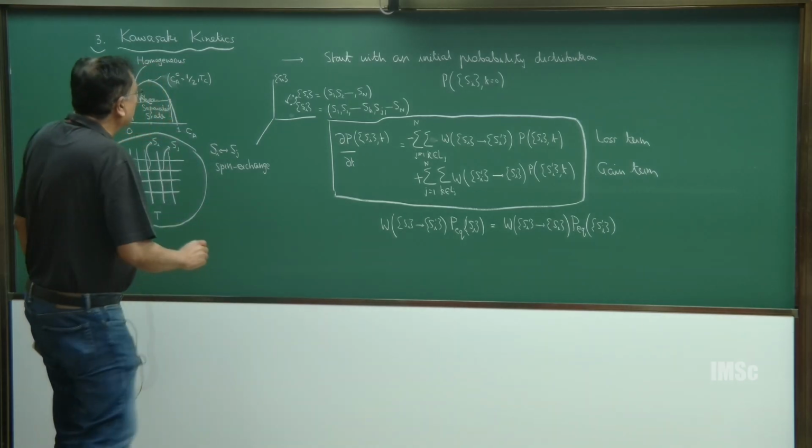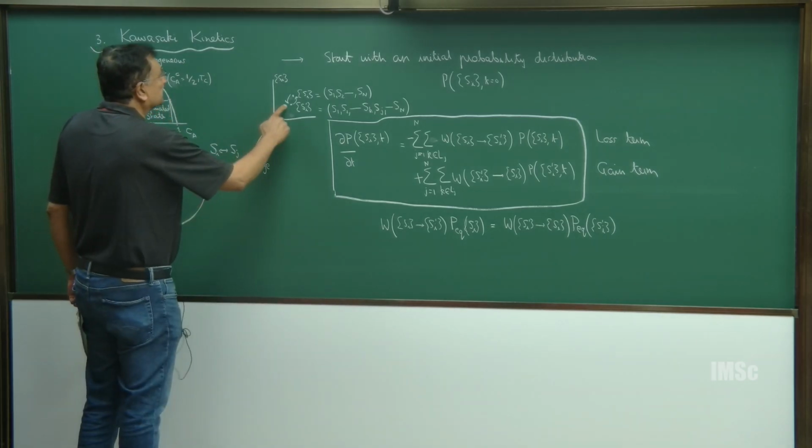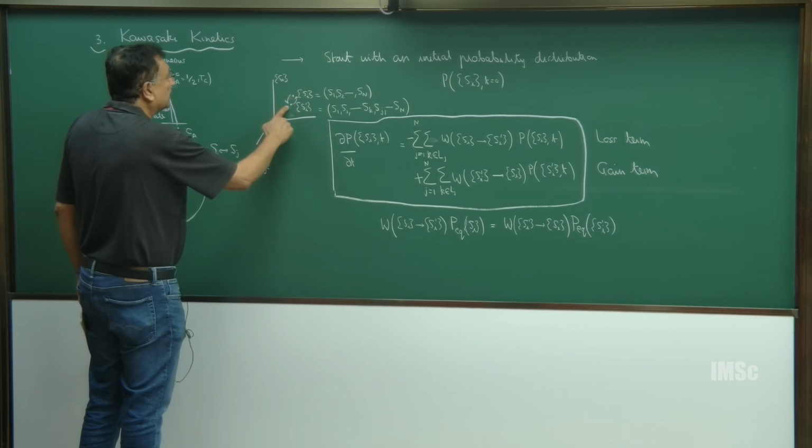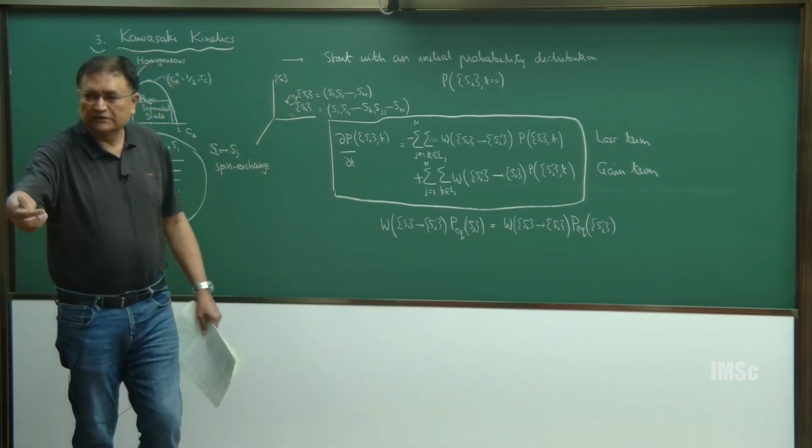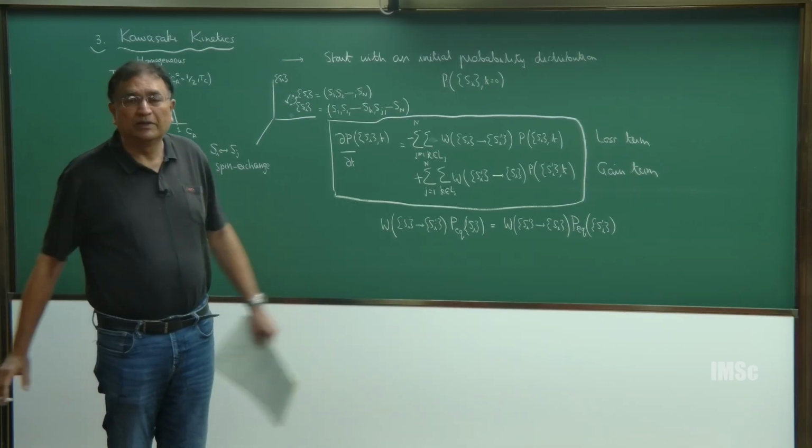So basically in detailed balance, the number of systems in the ensemble going from there to there are the same as the number of systems going in the other direction, so equilibrium is maintained.